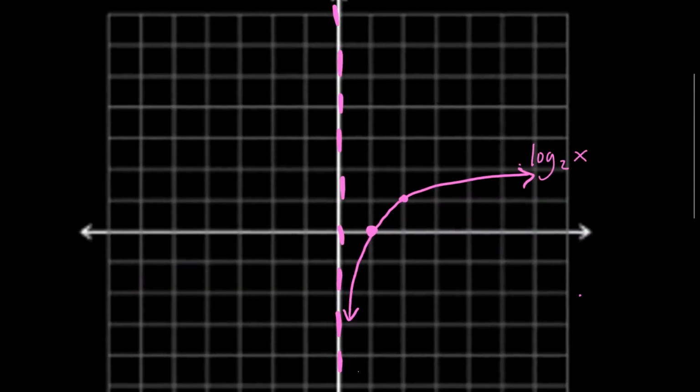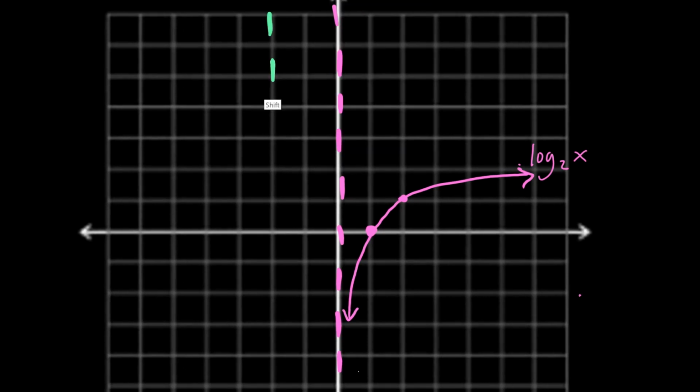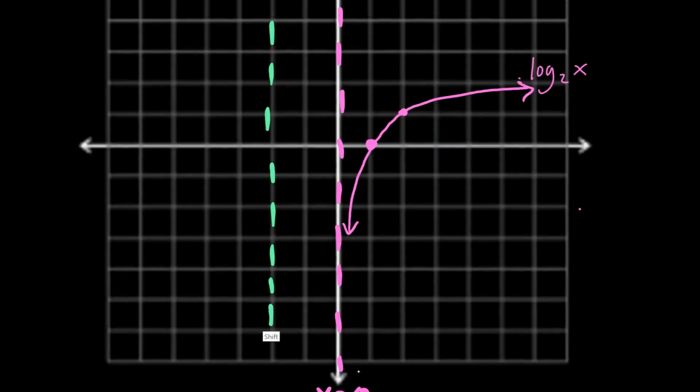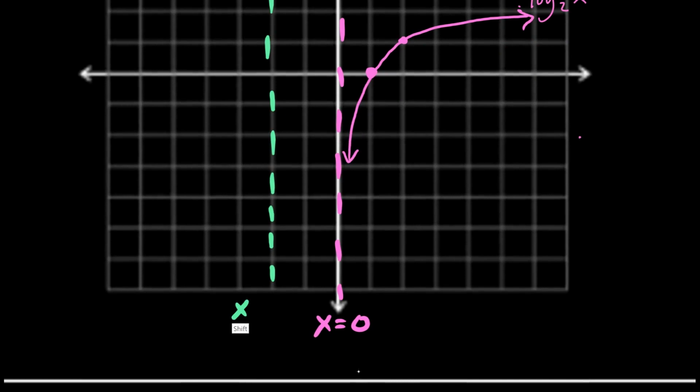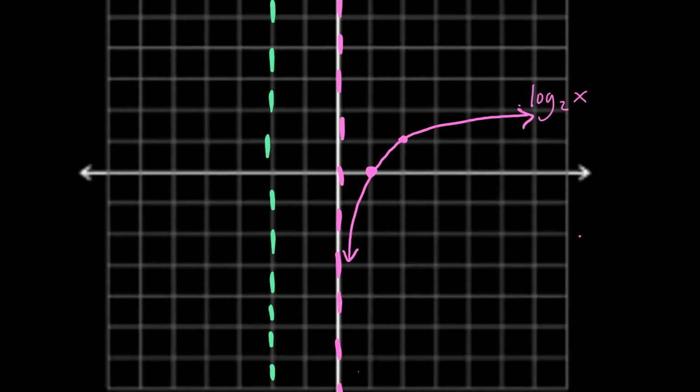The asymptote moves left 2. So here is my new asymptote. And what is the equation for that? Good. Now from our asymptote, where do we go? From the asymptote you go over 1. But have we moved up or down? Down. So you go down 3 and over 1 from the asymptote.